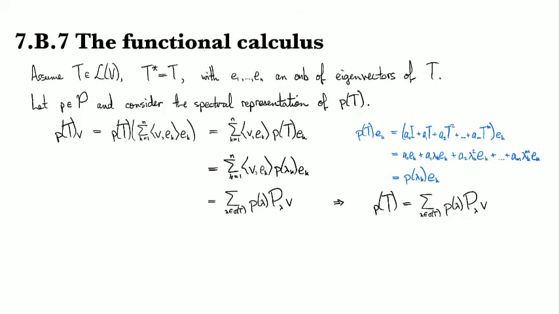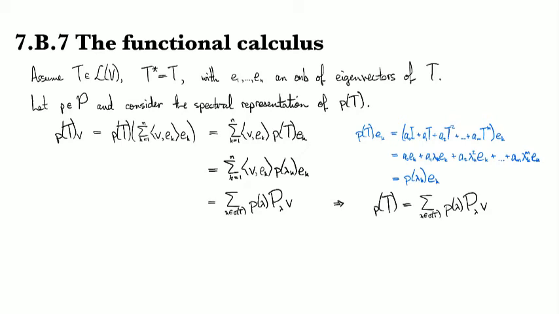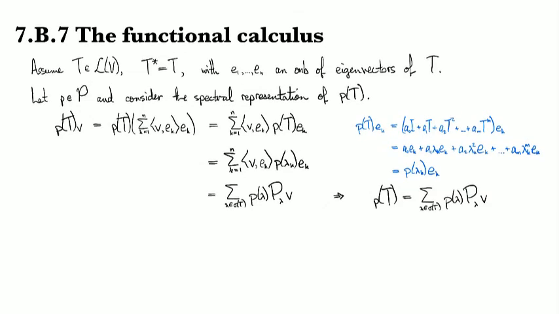And so that gives us a spectral representation of P of T.